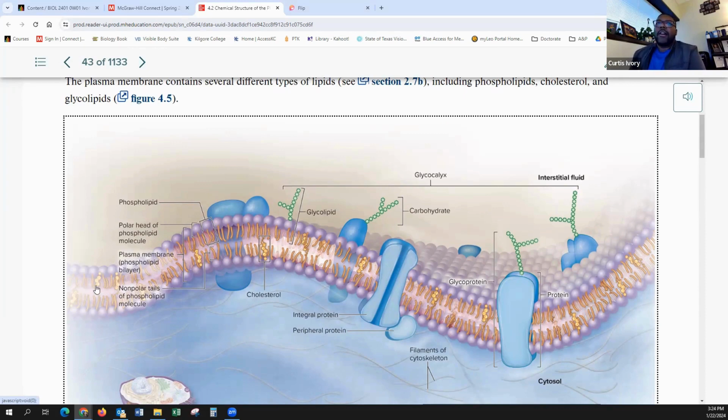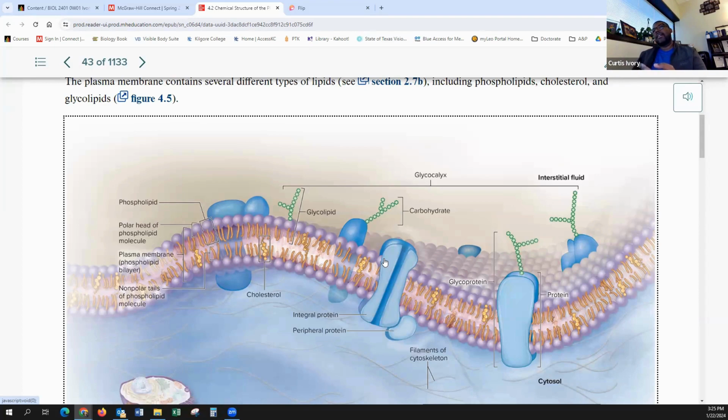Do you understand that the plasma membrane isn't just a membrane? It's actually composed of phospholipids, and those phospholipids form a bilayer. In the previous chapters, we learned that the head of the phospholipid is hydrophilic, which means it likes to interact with water.